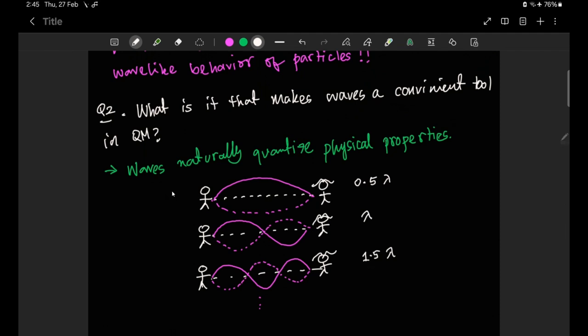So these are what we call the vibrational modes or frequency modes of the rope. So these are the frequencies at which the rope vibrates.